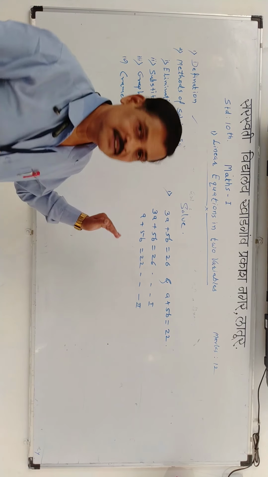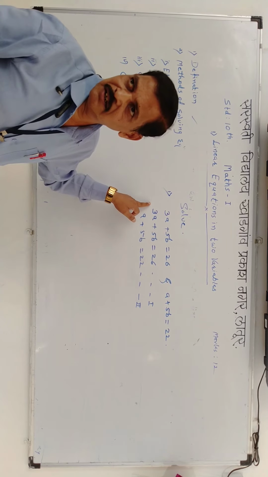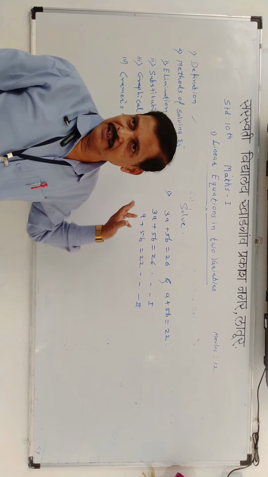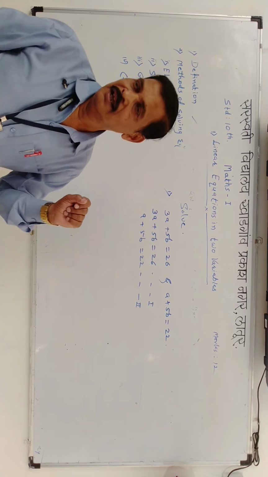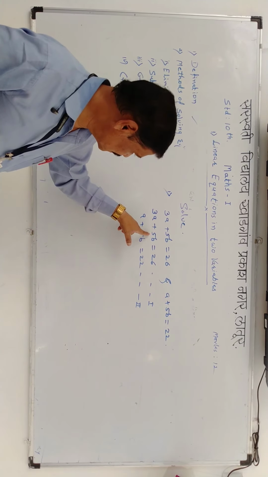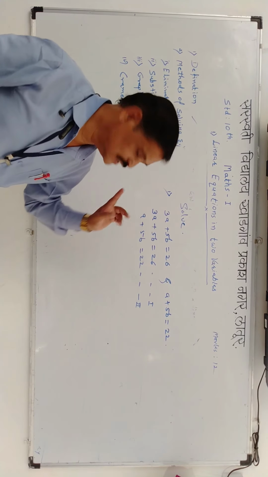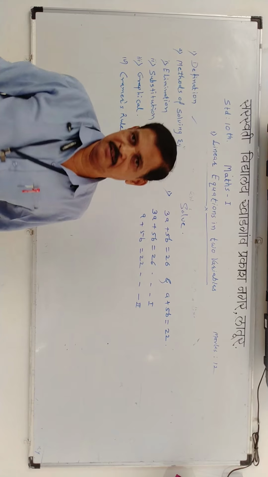In this case, the coefficient of a in the first equation is 3, and in the second equation it is 1. And in the first equation the coefficient of b is 5, and in the second equation the coefficient of b is 5, which means equal coefficients are there.